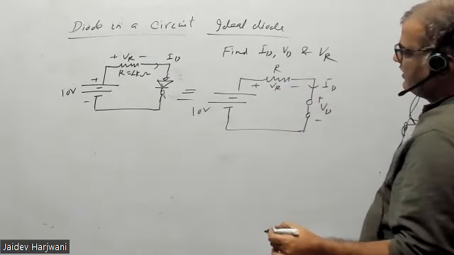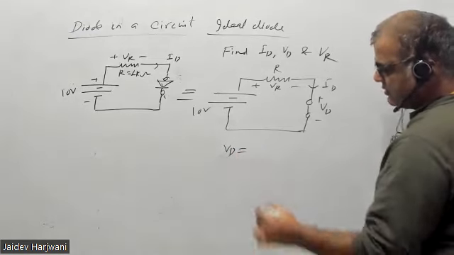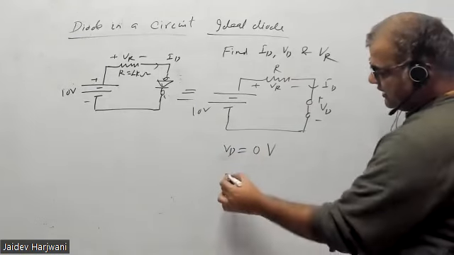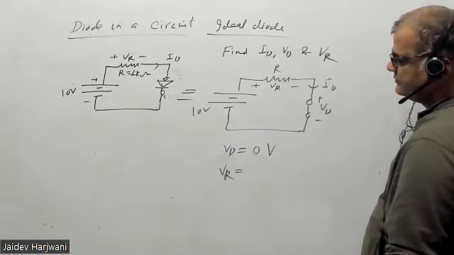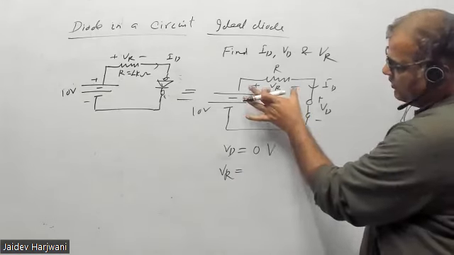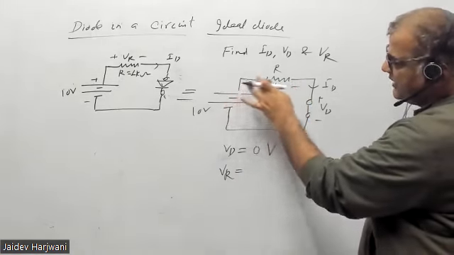Tell me, what is the value of VD in the circuit? 0 volt. Very good. What is VR? 10 volt. The voltage can be here or here; here it is 0, so all the voltage is across R, parallel to this one.